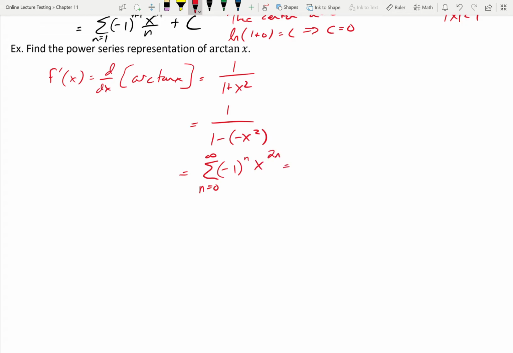Okay, and again it starts 1 minus x squared plus x to the 4th minus x to the 6th, and so on.